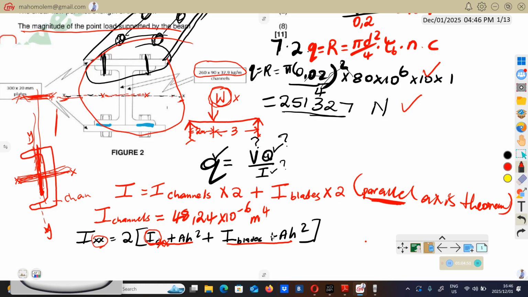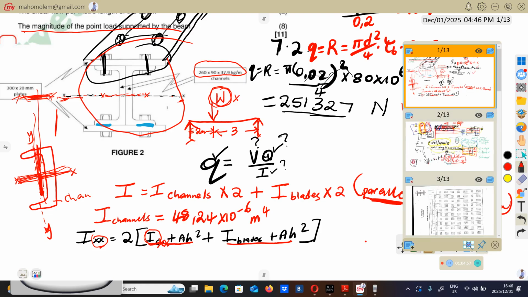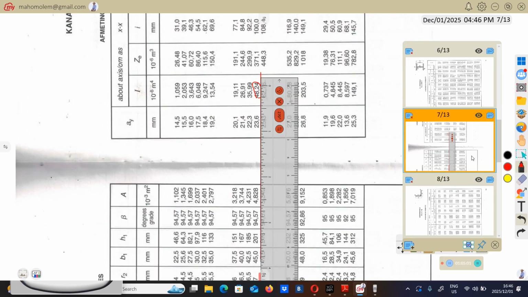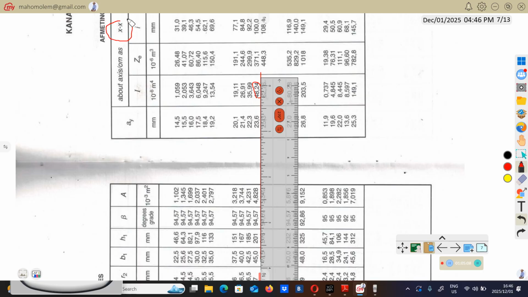Then IXX, as you've seen from the steel table, you find that IXX is 48. It's this one. So you can see it's about the XX.